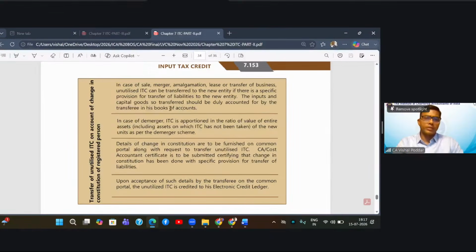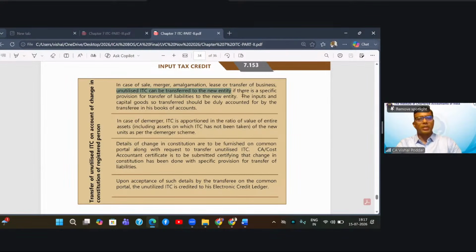Then the law says whatever is the balance ITC in your books, in the books of the transferor, that can be also shifted or transferred to the new entity. So, like how you have transferred the entire business with all the assets and liabilities, if in your books you have any balance of ITC left, that also you transfer to the new entity. But this comes with some conditions.